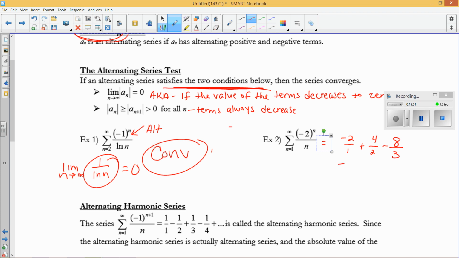So this is negative 2 plus 2 minus, well, 3 and 8 is 2 and 2/3. Are these headed towards 0? Nope. Therefore, it diverges. End of story. It's an alternating series. It's not going to 0. It diverges. If it's alternating and it does go to 0, it converges. That's it. That's all you need to know.